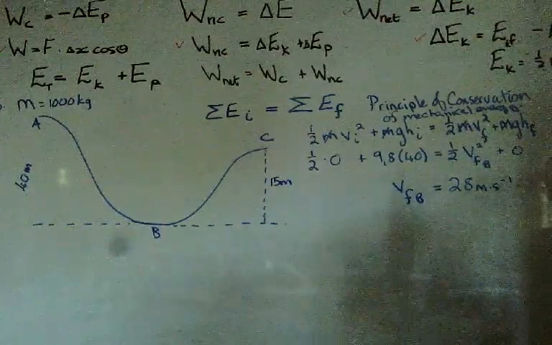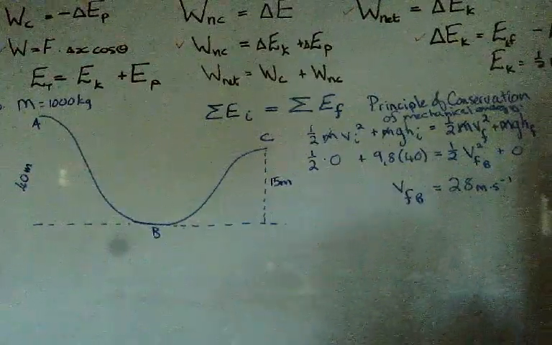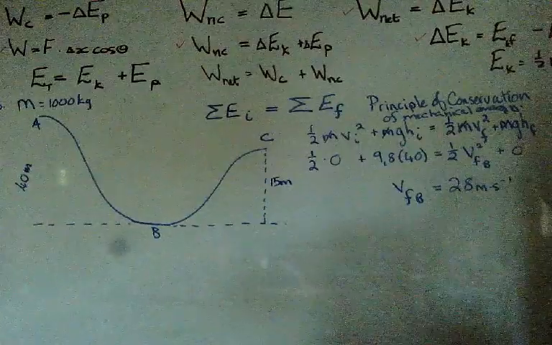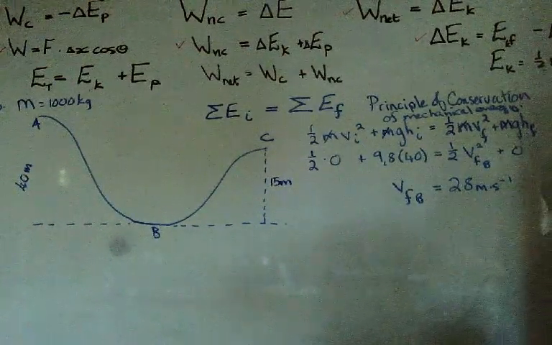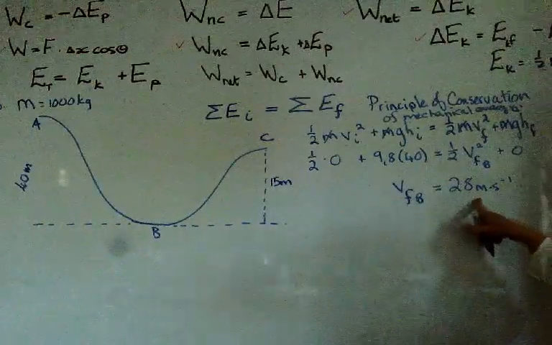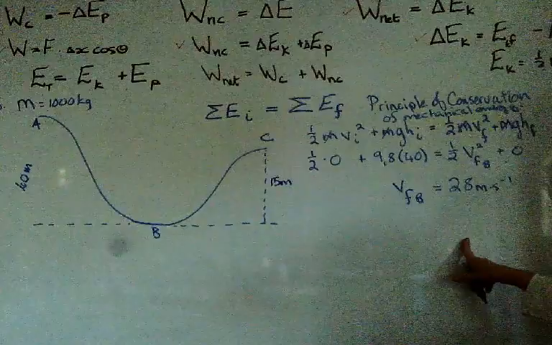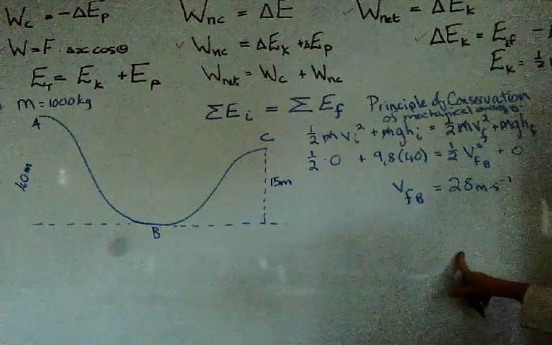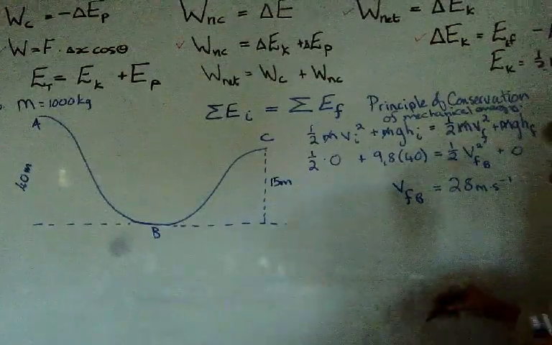If your B's answer is wrong, your C's answer is also going to be wrong. Okay, let's do both. You can do both. You're full of energy. So, what is the velocity at C is the question. Okay, can we please do B? Alright, fine, do B. But I hope your B's answer is right.